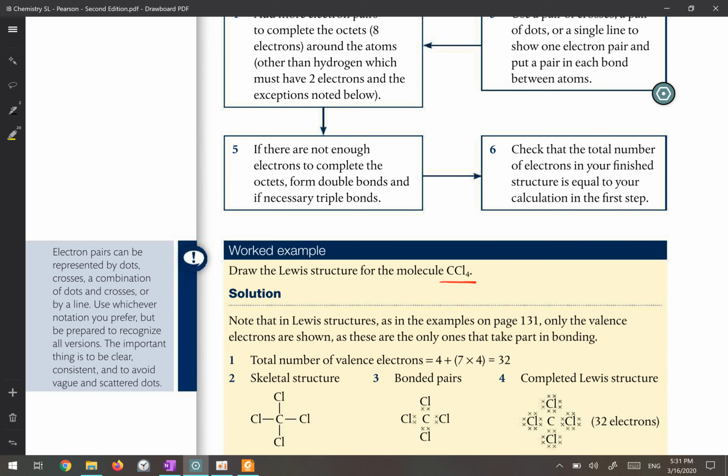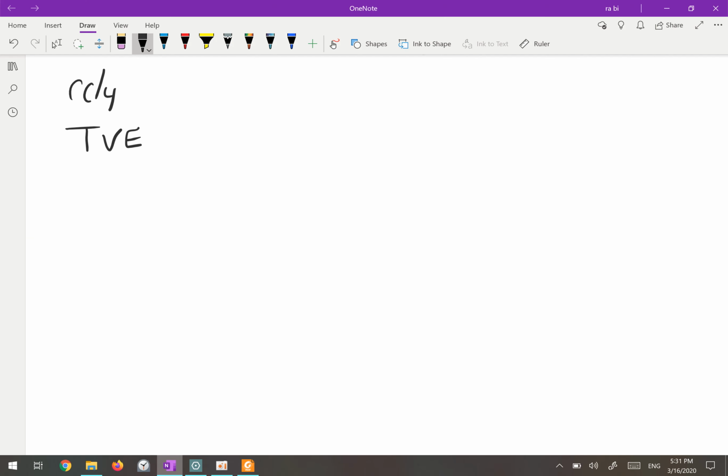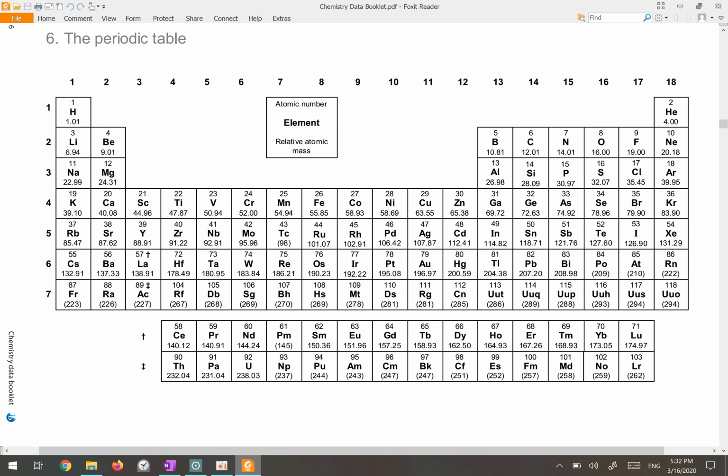Okay, so we practice on the Lewis structure of CCl4. We start from that one. For CCl4, the first step is to find the total valence electrons. The valence electrons of an atom relate to their group in the periodic table. Carbon is in group 14, so it has 4 valence electrons. Chlorine belongs to group 17, so it has 7 valence electrons.